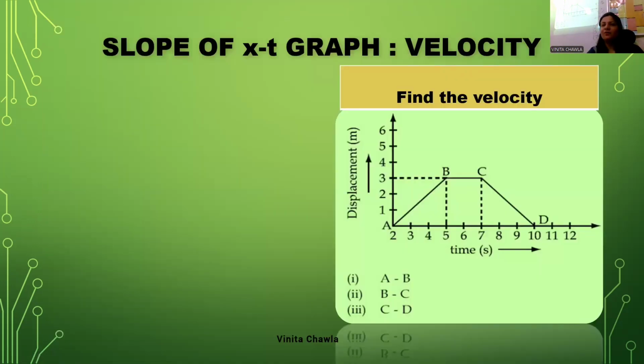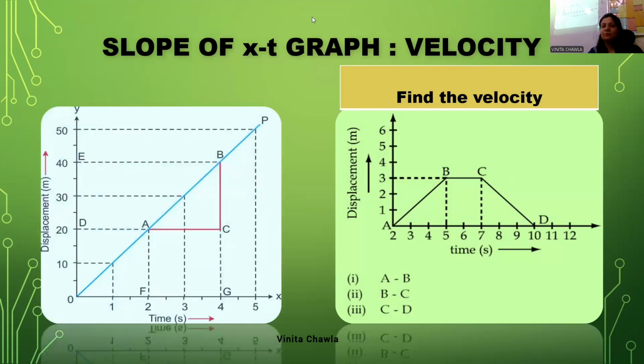Slope of xt graph gives the velocity. Now you have to find velocity from A to B, B to C, and C to D. How will you find velocity? Do you know how to find it? कैसे find करोगे? How will you find velocity? Slope of displacement time graph gives the velocity. Yes, slope gives the velocity.